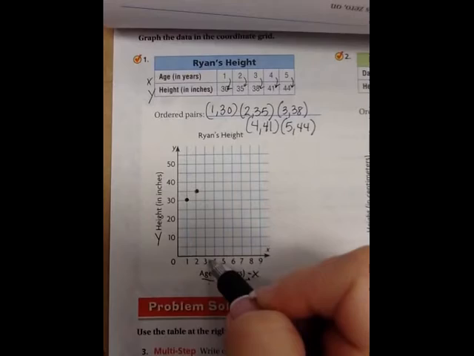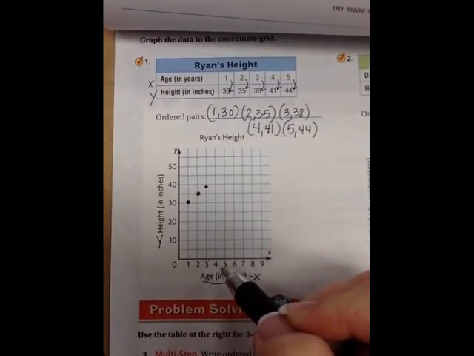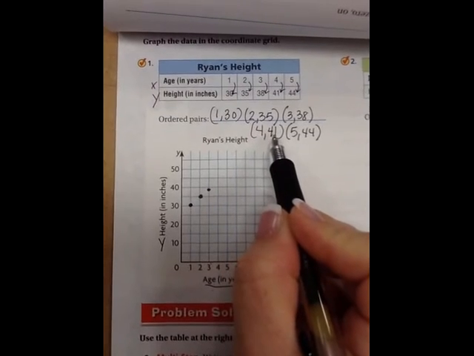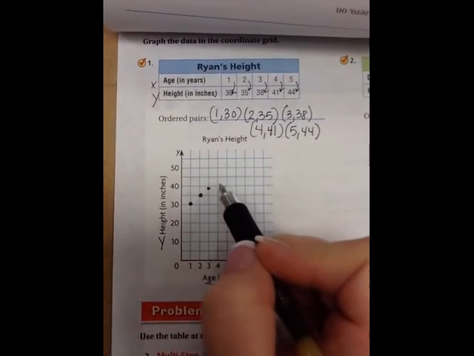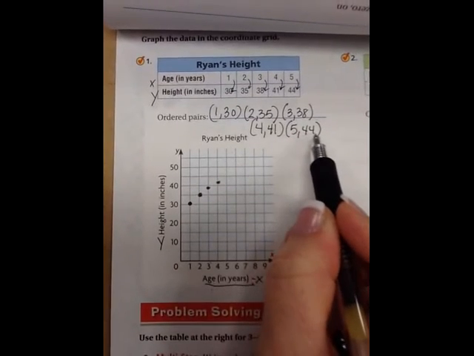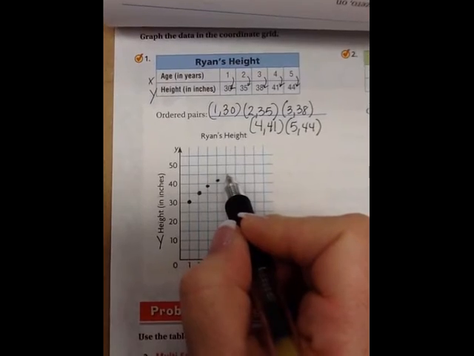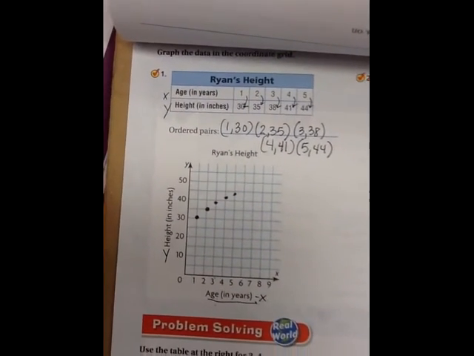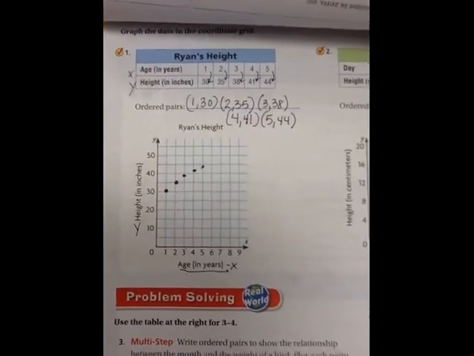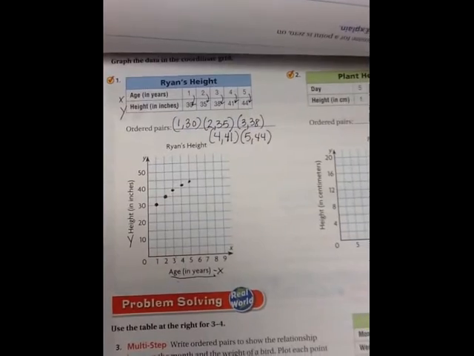So for my 3rd year, I'm now about 38 inches tall. My 4th year, I'm 41 inches tall. My 5th year, I am 44 inches tall. Okay, so that is exactly how you do that. And obviously with height, you're wanting it to go in an upward trend, right?